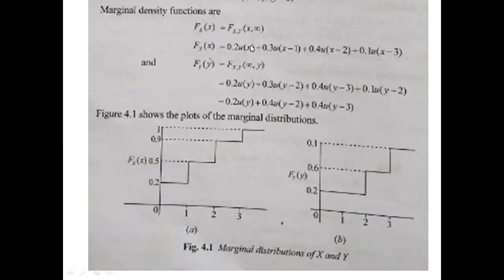So at 0 what is the probability? 0.2. Okay, at 1 what is the probability? 0.3. So this is cumulative distribution function, adding the previous probabilities also. That's why at 1 we are getting 0.2 plus 0.3, what is it? 0.5.